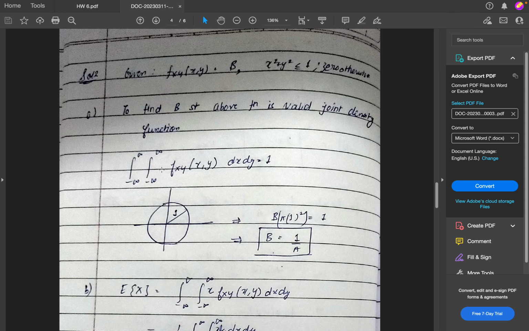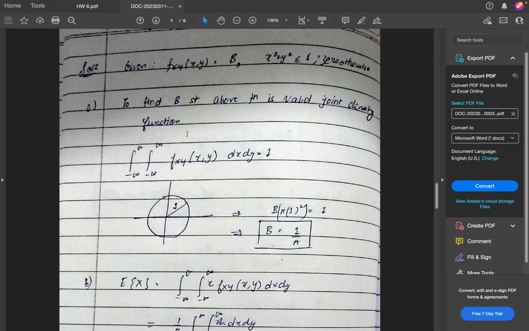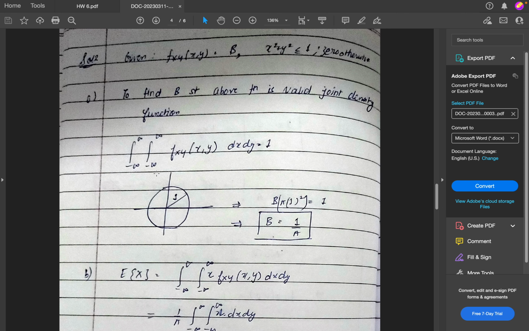For this, we'll take the integral of f of xy dx dy over minus infinity to infinity for both x and y, and this integral should be equal to 1. Now if we see that x square plus y square is less than or equal to 1, this basically represents a circle of radius 1.